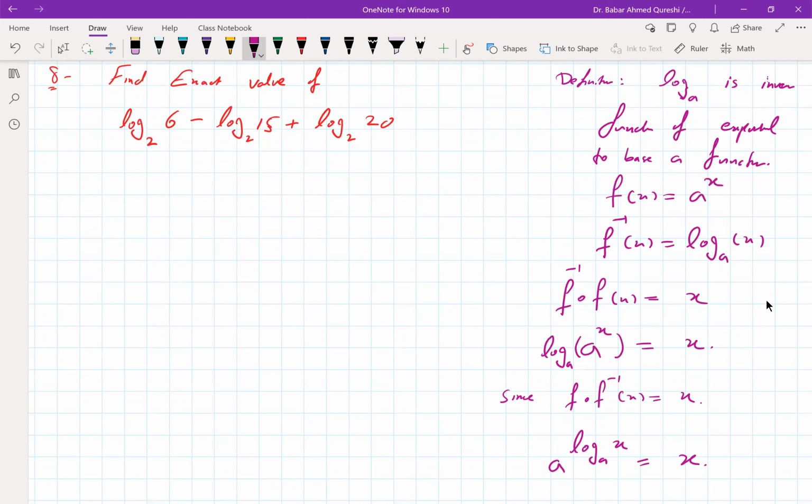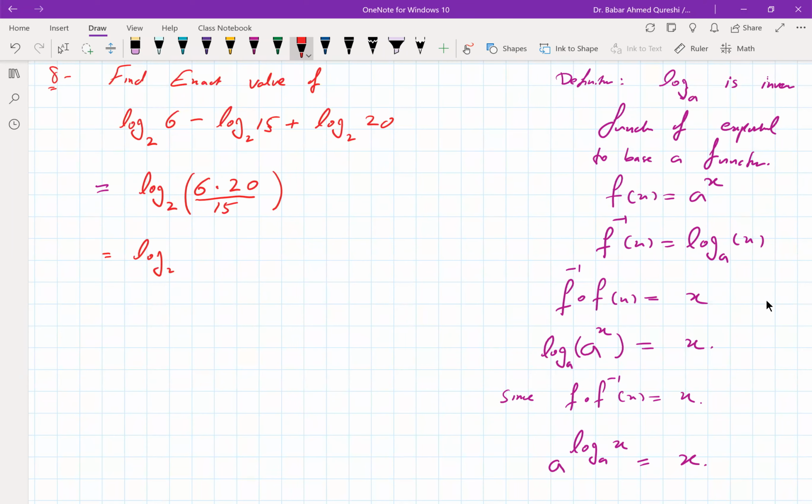So I can define it with any a, and over here I'm defining it for a equals 2. So if you want to find this value, I'm just going to use the log property that a plus means you can write it as a single log with a multiplication, and a minus means a single log, and this number becomes a division.